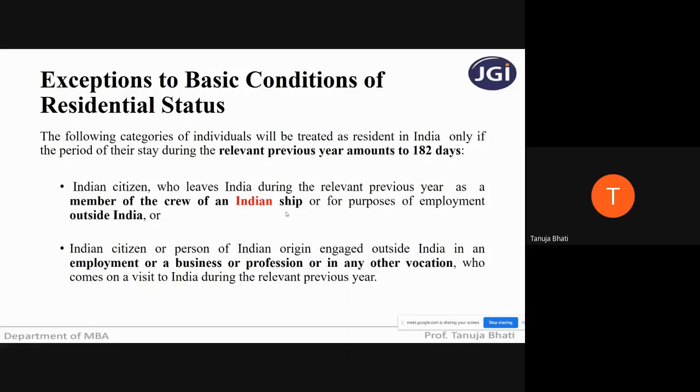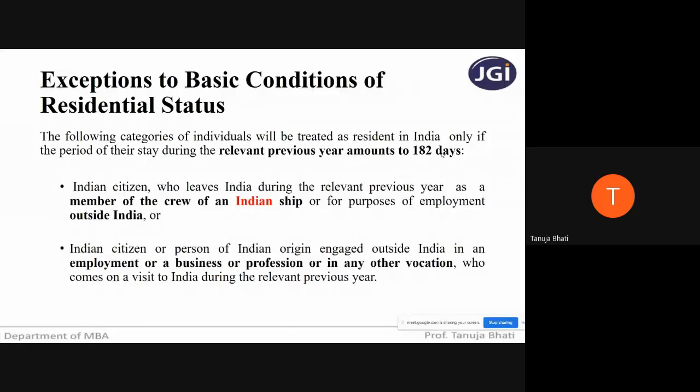Either he is self-employed or he's employed by some company. So if he's leaving India for employment purposes, then you just categorize him as a resident based on his stay in the relevant previous year, if it amounts to at least 182 days.